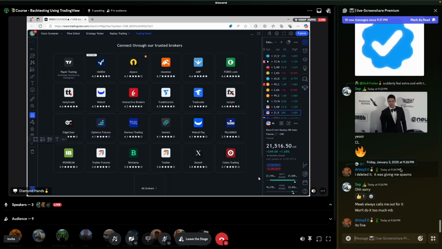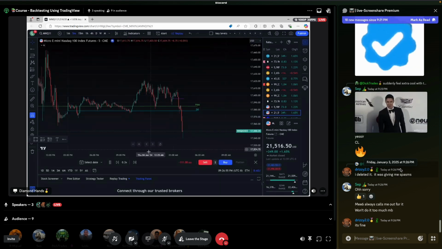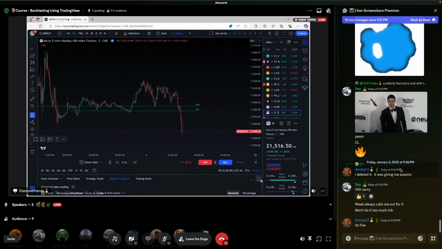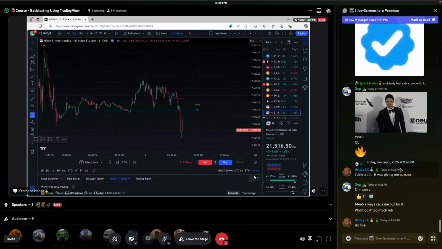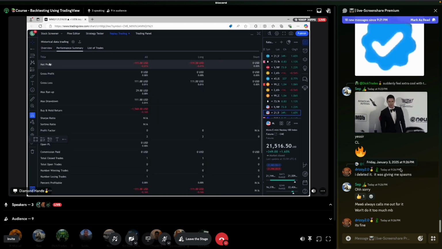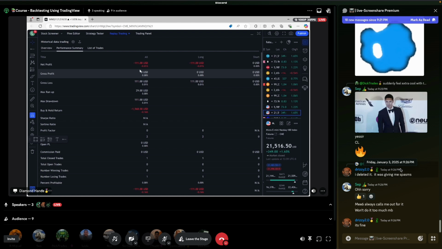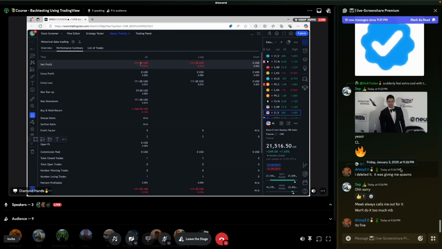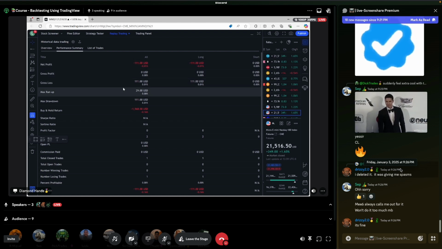And then not this common trading panel right here. Once you go to replay trading, you can open this up real quick, and they'll tell you right here your performance summary, right? So your net profit, of course, I took a red trade, so now I'm negative $111.